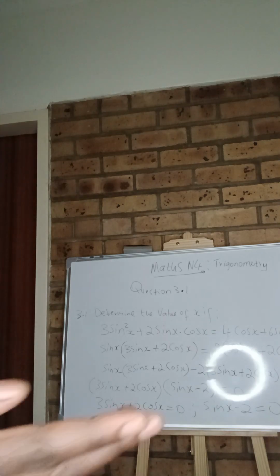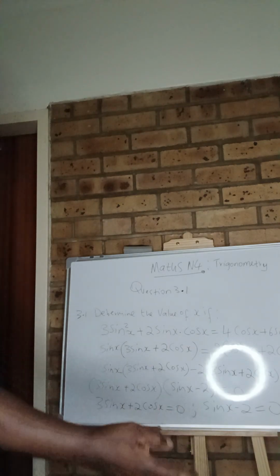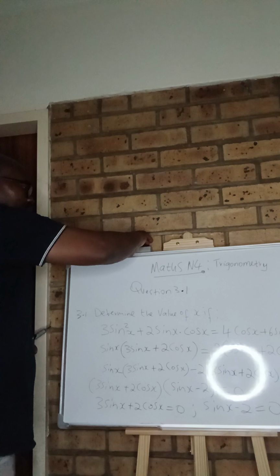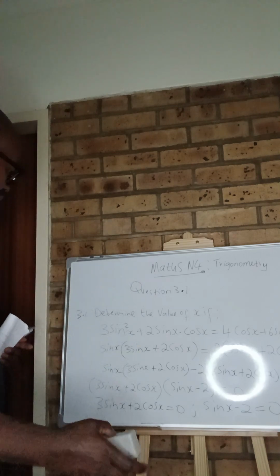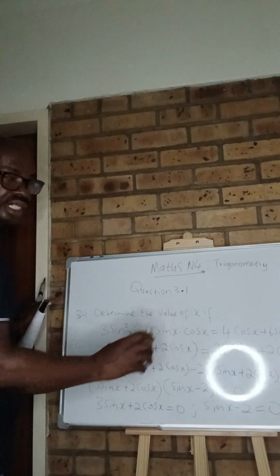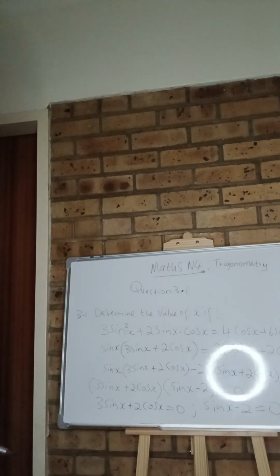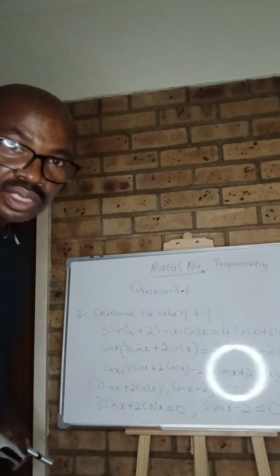In a scenario like this one, you can see our board is still small. We will organize a bigger one, or we can just carry on nicely. So let us erase here so that we can have more space.